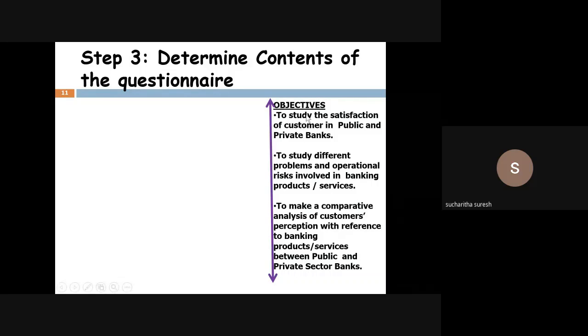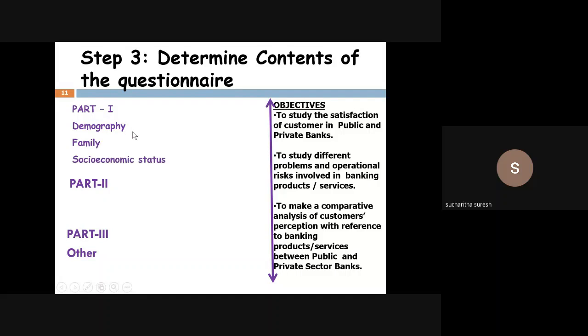So this is a study, right? We have these objectives. Questionnaire preparation I can divide into 3 parts: part 1, part 2, and part 3. All your questionnaires should have these 3 parts. Part 1 should contain demographic data, family details, and socioeconomic status.